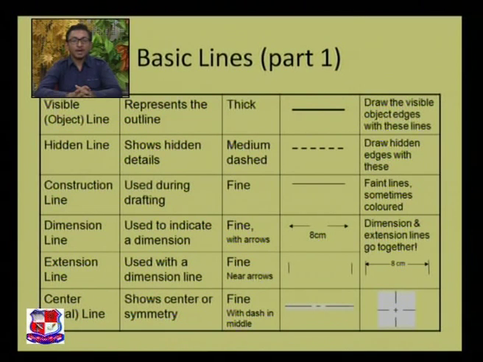Because if I want to highlight a hidden line, but I am using the same line type, how can I recognize it? So that's why we need to get brief details of those lines. In this table, you will see what kind of lines you can use in the various processes.